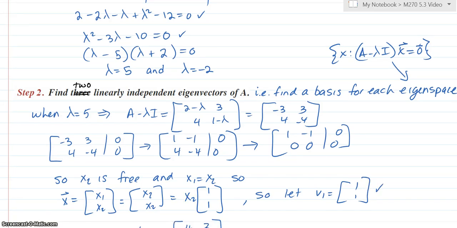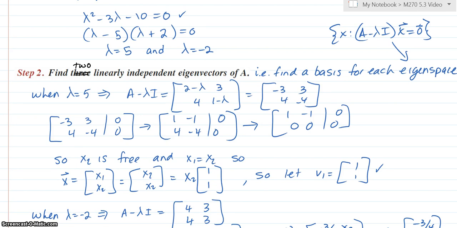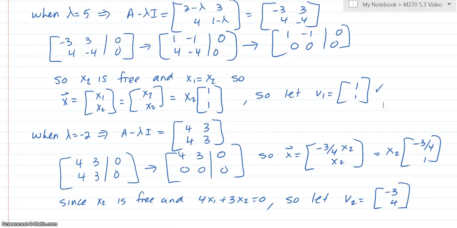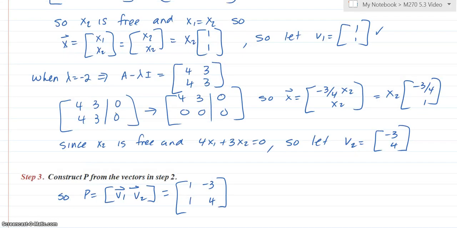I'm going to do the same thing for lambda is negative 2. This is what I got. Plugging in a negative 2 here, we get a 4 and a 3. So the solutions to this are here. And I decided to let x2 be 4, so I didn't have to deal with fractions, but you can do negative 3/4 and 1 if you'd rather.